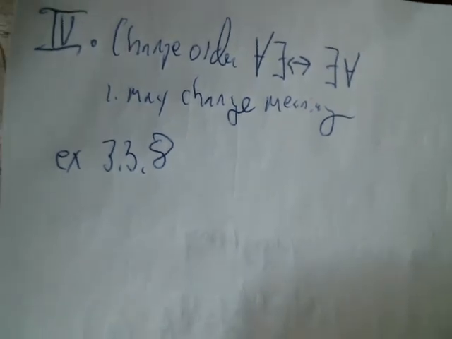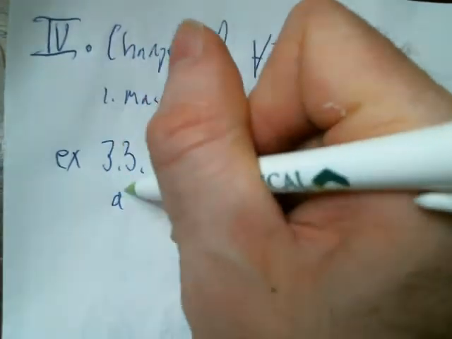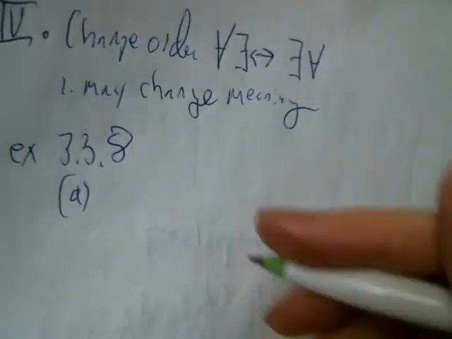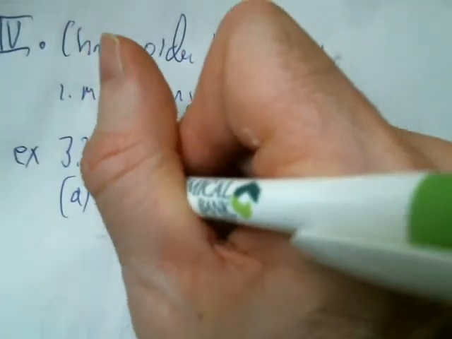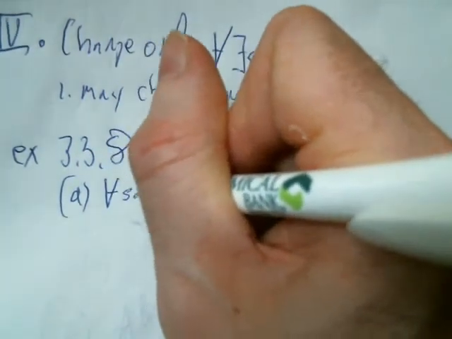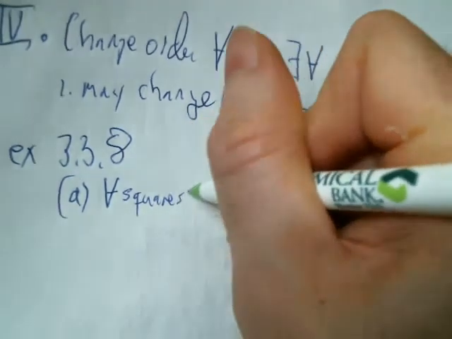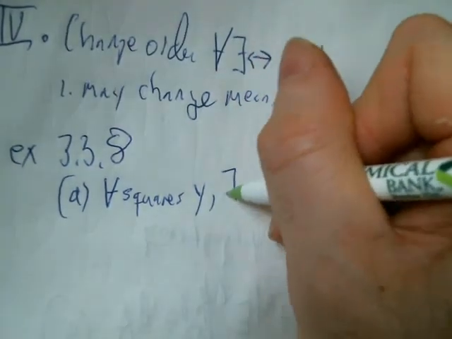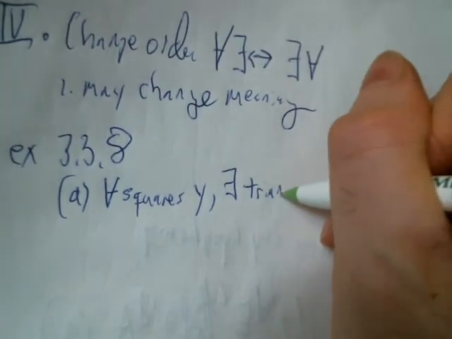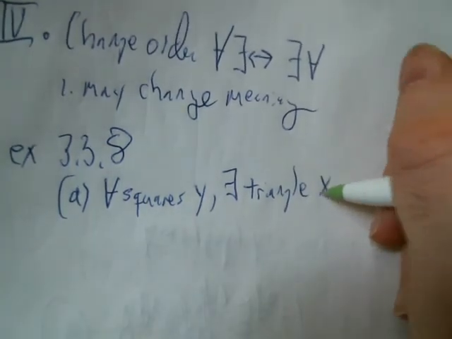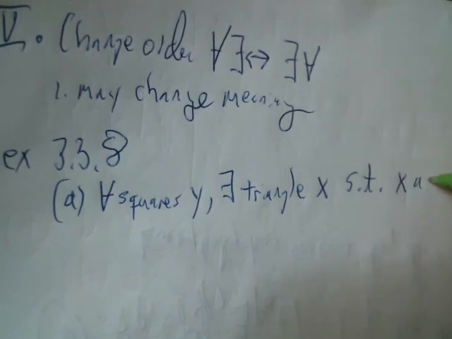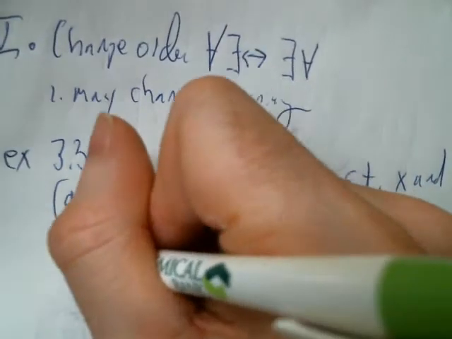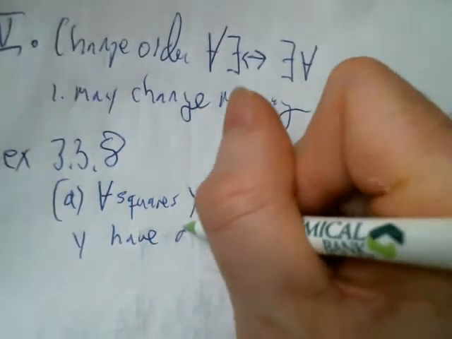Okay, so part A, what they want you to do is kind of compare and contrast. So part A says for all squares y, there exists a triangle x such that x and y have different colors.